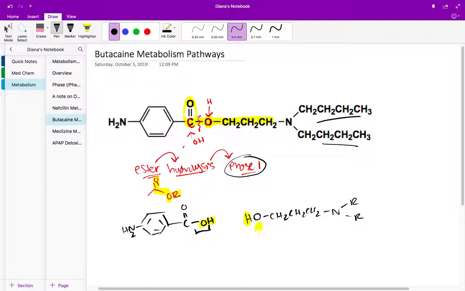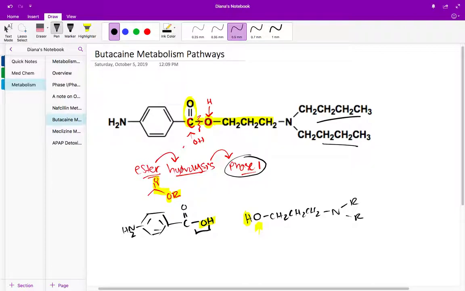Now I also want to talk about N-acetylation. So N-acetylation is a phase 2 conjugation reaction that can occur whenever you have a nitrogen. Okay, so it's whenever you have a nitrogen that, so for example, when you have an aromatic amine, or when you have an NH-NH2 group.